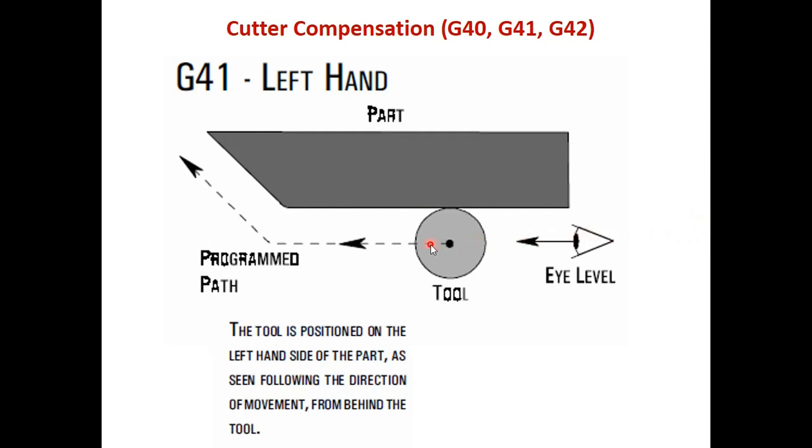So whatever it is cutting, the right side part is getting cut, and then it follows the profile. So when you are looking from the back side of the cutter, your cutter is at the left side, and at the right side of your cutter, all cutting operations take place. At left side, it is free. So this is G41.